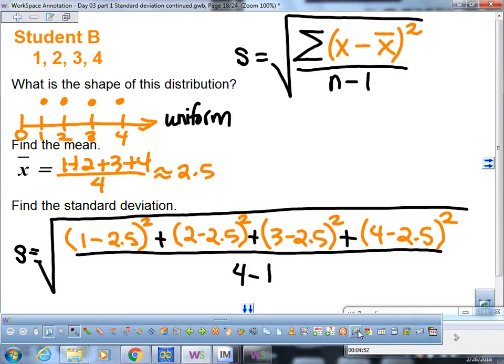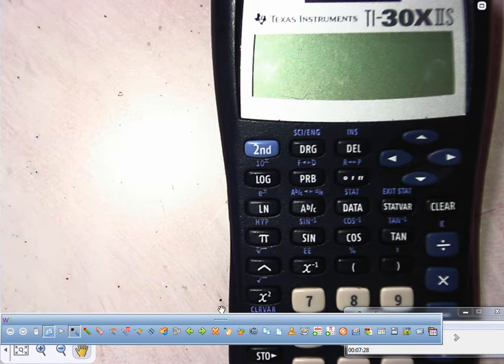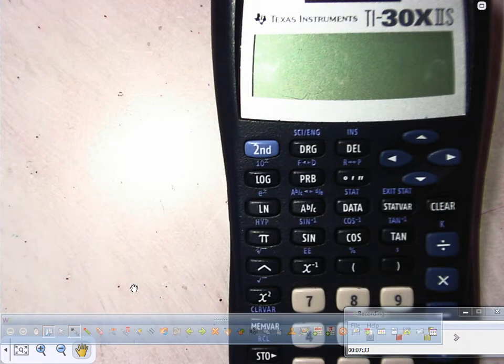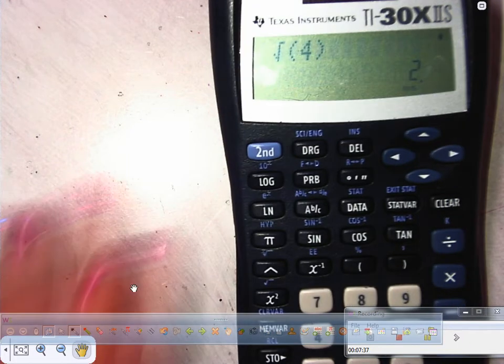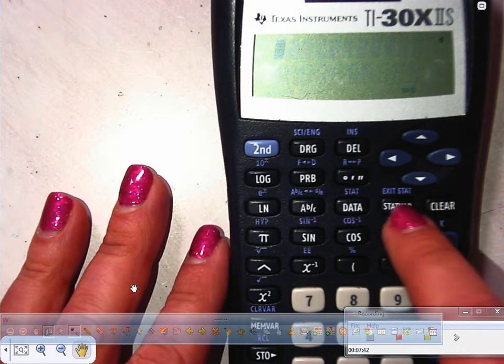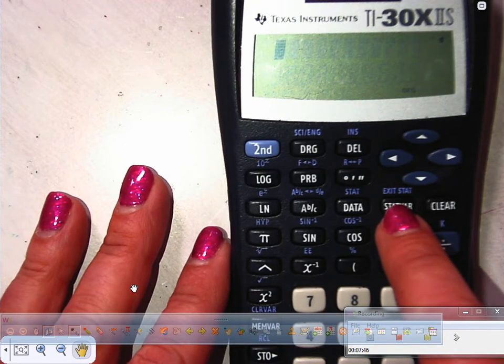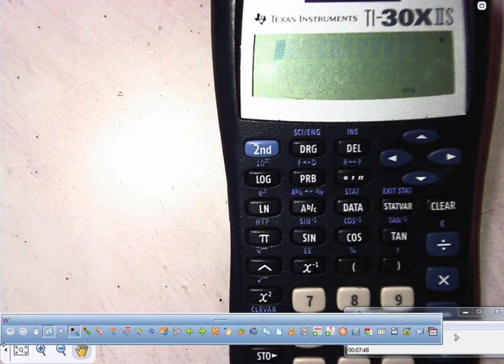All right, so I don't want the whole thing because we know our values are 1, 2, 3, and 4, right? Those are our different scores. So I'm going to turn my calculator on and clear out any data I have stored in here.